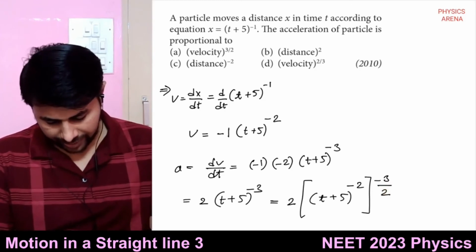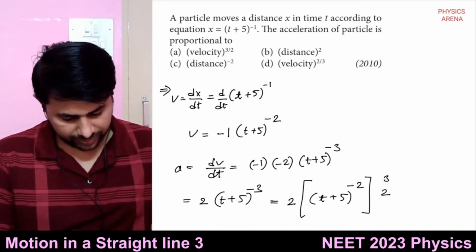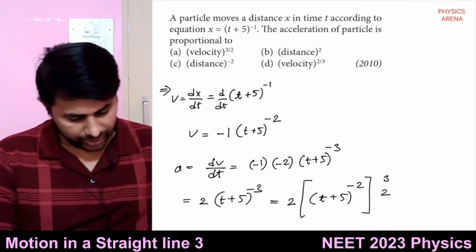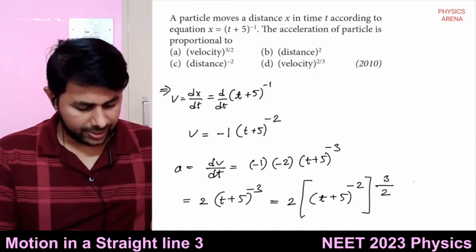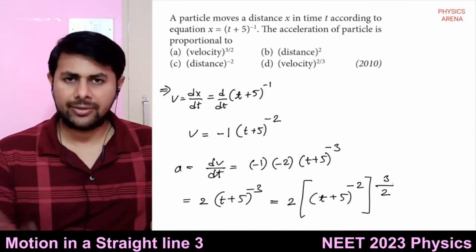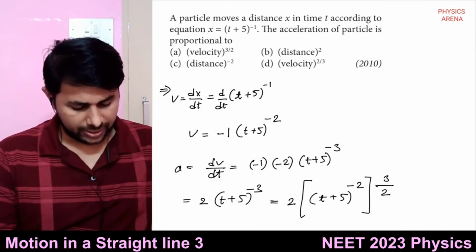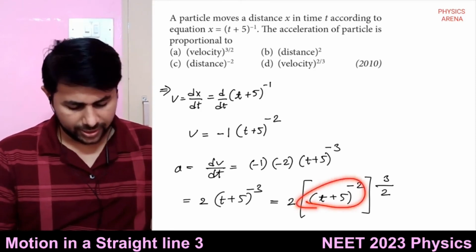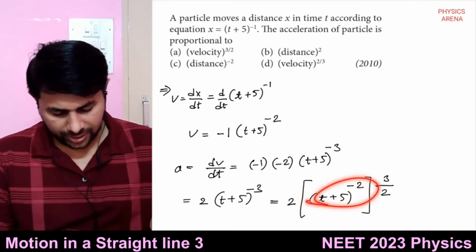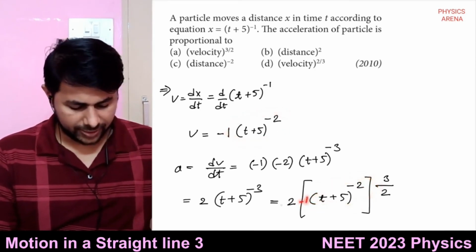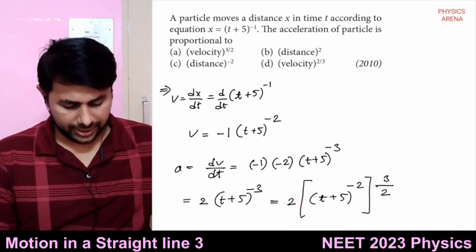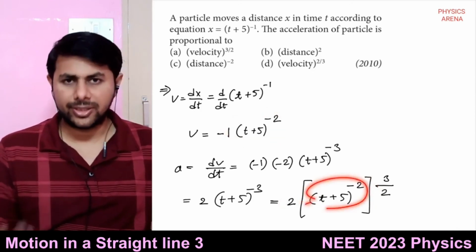Or I can take this minus sign inside, because we already have minus 3. So I'm multiplying and dividing with 2. See what you get. This is directly proportional to velocity; in fact, if I write this as minus 1 and here minus 1 negative sign, it will be velocity only.